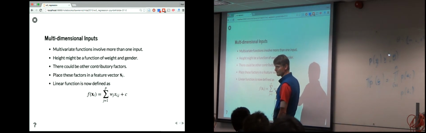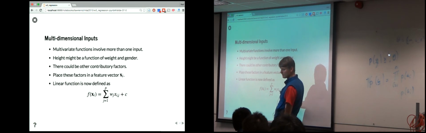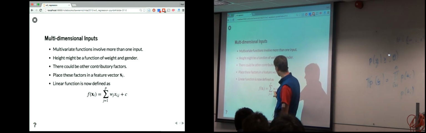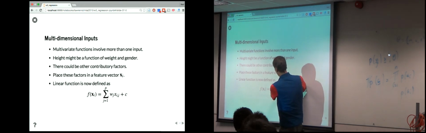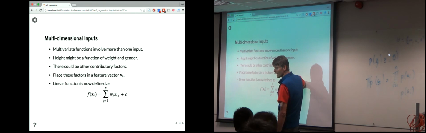Now we're saying sum of w's times all the x's. So if w1 was m and xi1 was the old x, that would be mx. And if xi0 was 1 and w0 was c, then we would get mx plus c.